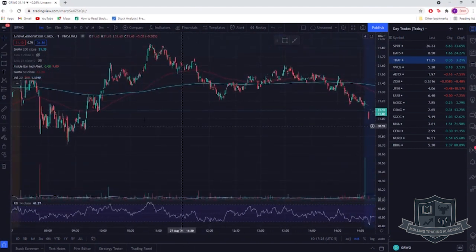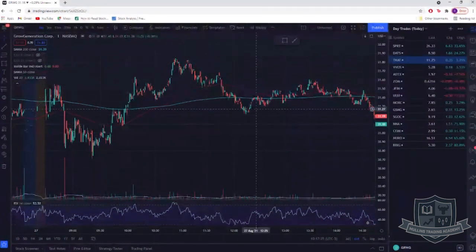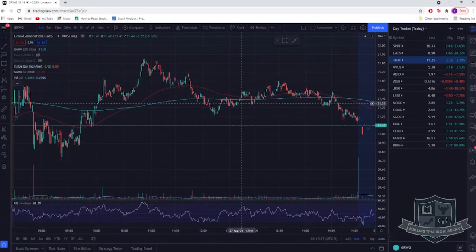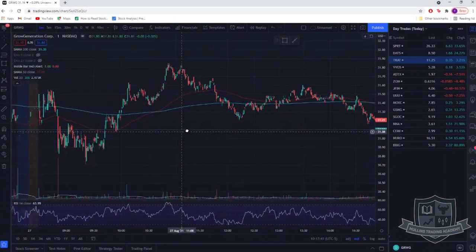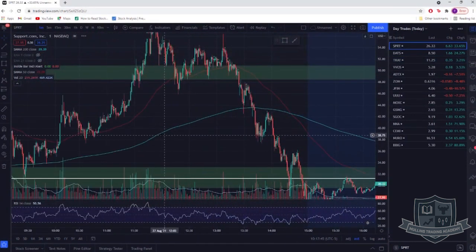But you can see on GRWG, for example, this isn't a day trade. This isn't a momentum day trade. This is pretty sporadic price action and kind of gappy. This isn't like what we've been looking at, where these were the runners for the week.